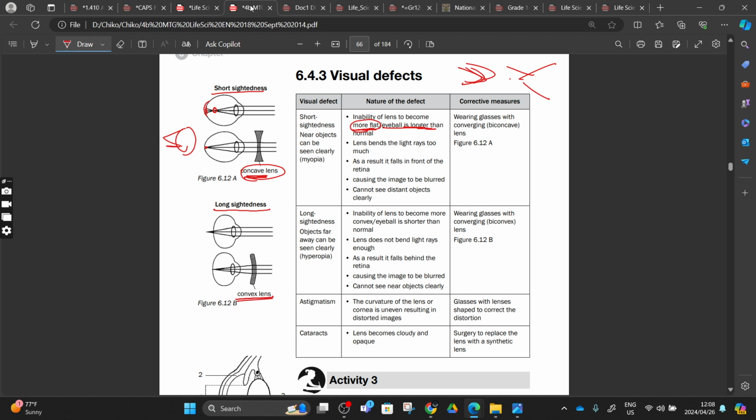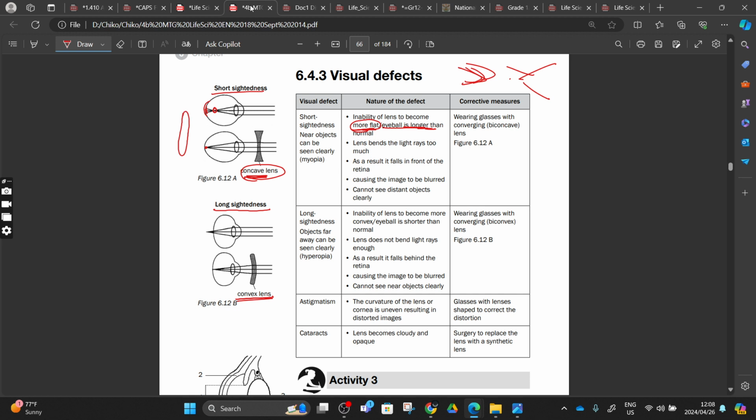The inability of the lens to become more flat. It means that your lens is not becoming more flat. Why?